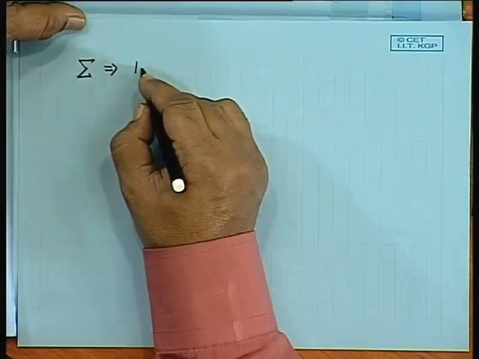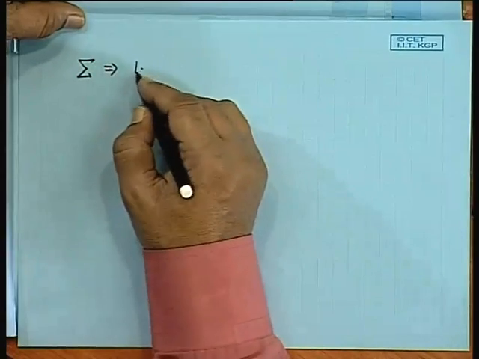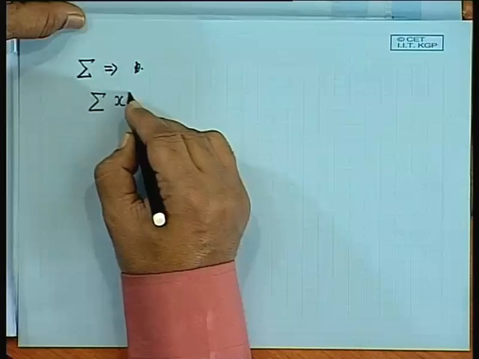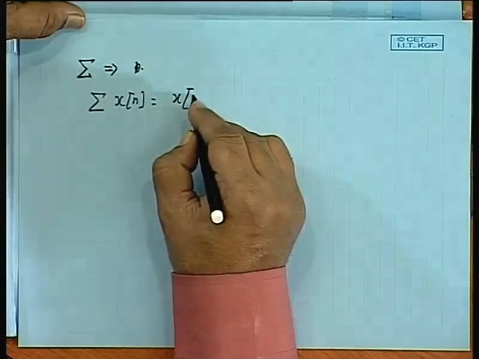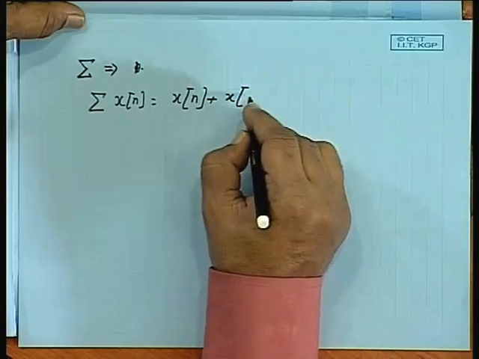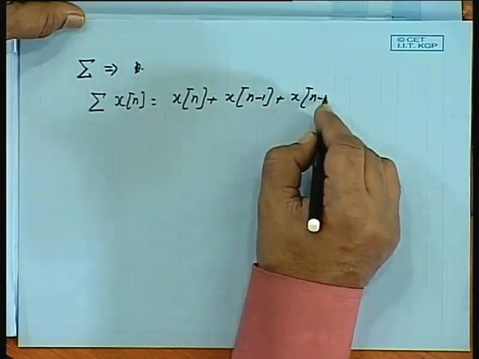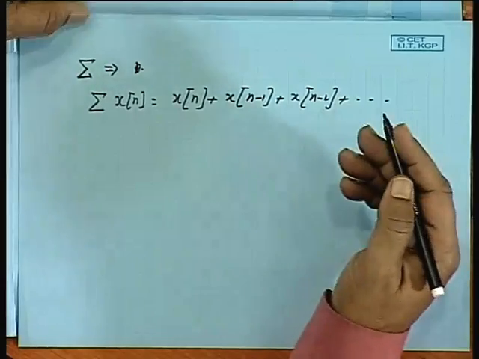It is 1 plus, see sigma, this operator operating on x n gave me x n plus, is it not, all the previous values.